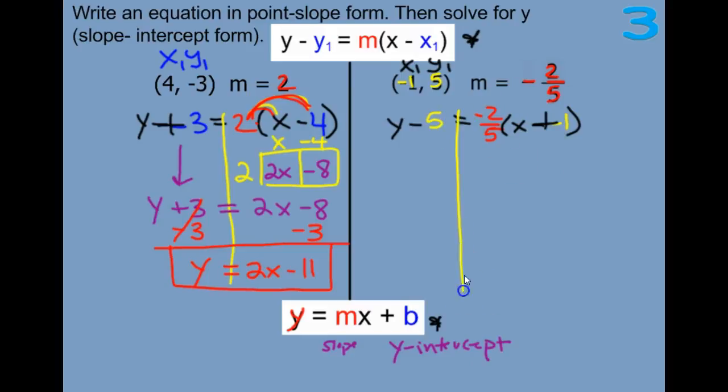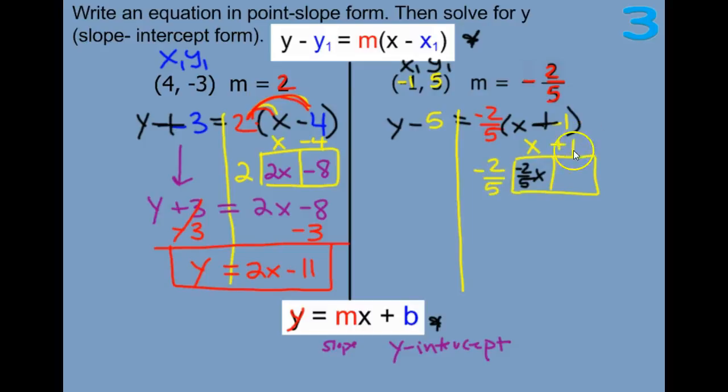Now we have to solve for y. So first thing, always we need to get rid of our parentheses. So I'm going to draw a box to distribute. If you can distribute without the box, again, that's okay. Our teacher goes out front and our classroom goes on the top. So when we multiply 2/5 times x, just the same, you're just putting them together, it's still just negative 2/5 x.